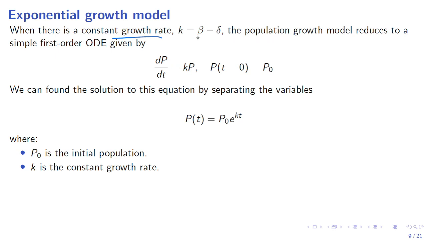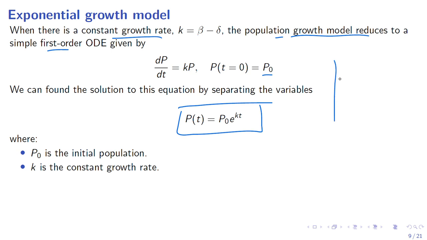So the population growth model reduces to a first order ODE given by dP/dt equals kP with the initial population of P naught. We can find the solution by separating the variables. I'm not going to do that, we already did before. And so this is our solution: P equals P naught times e to the kt.